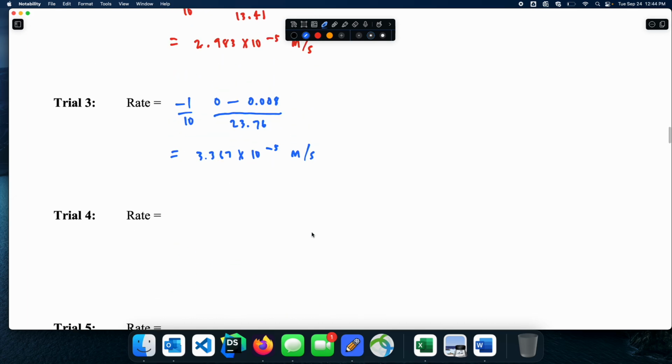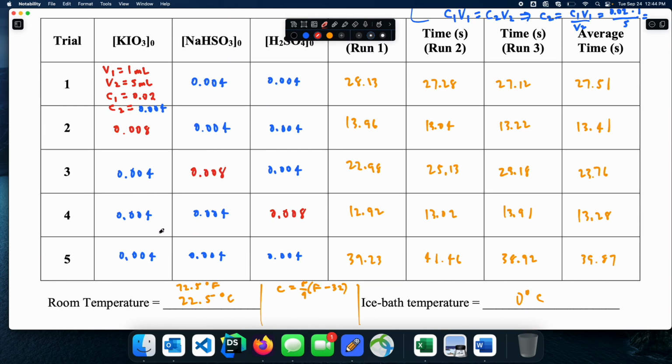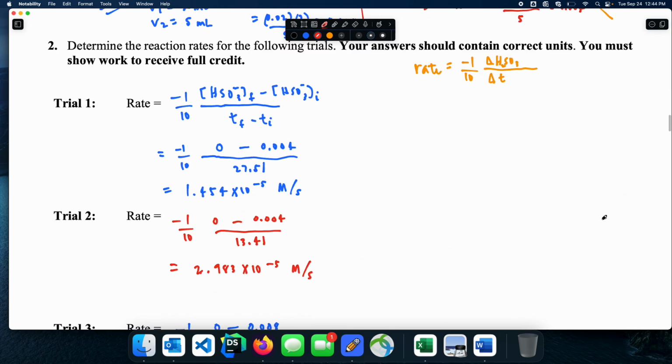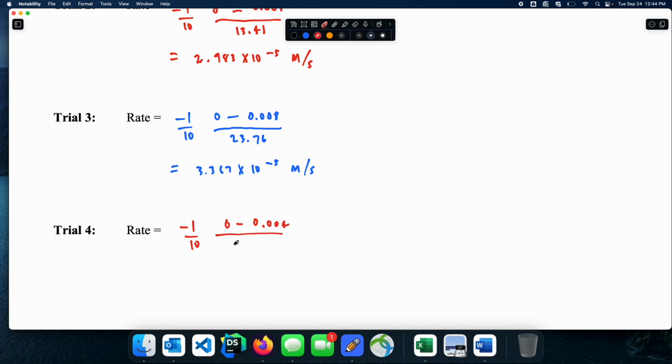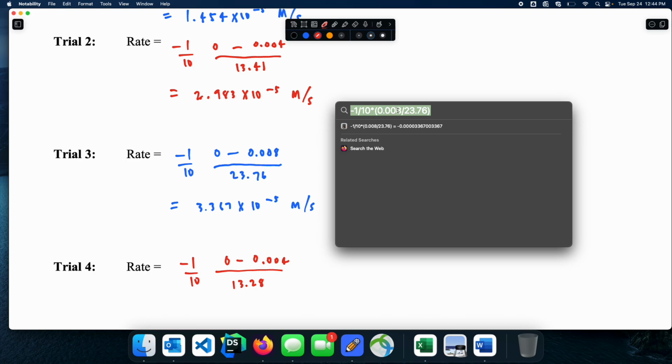All right, let's go with trial 4. Let's go back to red, and it equals minus 1/10 times 0 minus, and I think we're back to 0.004 again for the hydrogen sulfite. Let's go back up to table 2. In trial 4, yeah, back to 0.004 for the hydrogen sulfite, and 13.28 was the average.